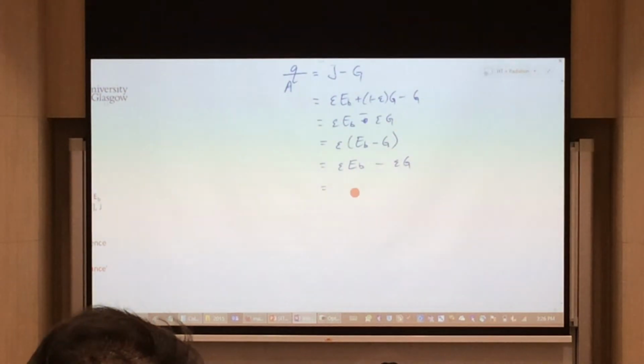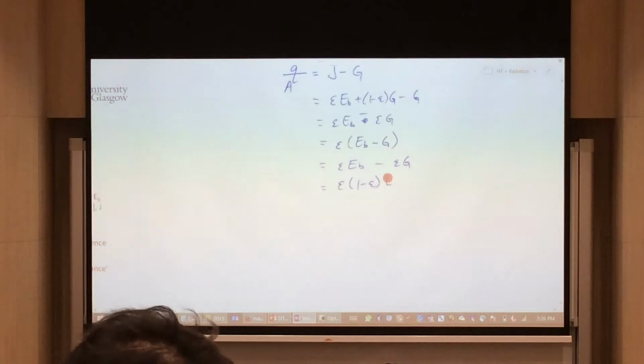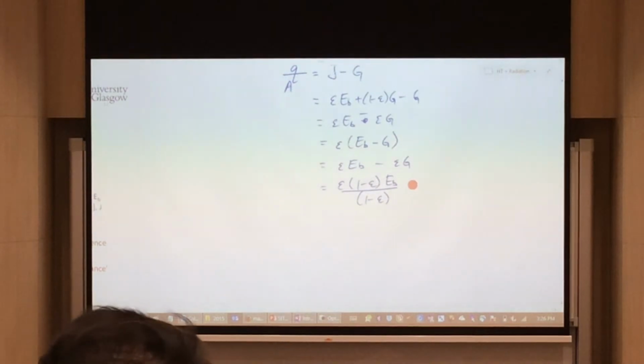Multiply and divide by the same factor at the top and the bottom. 1 minus epsilon EB, divided by 1 minus epsilon. Minus epsilon, 1 minus epsilon over 1 minus epsilon.